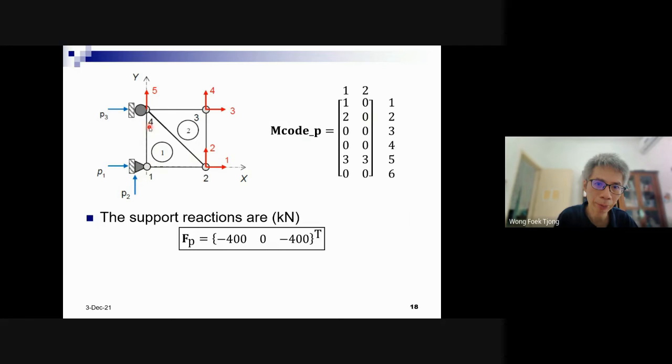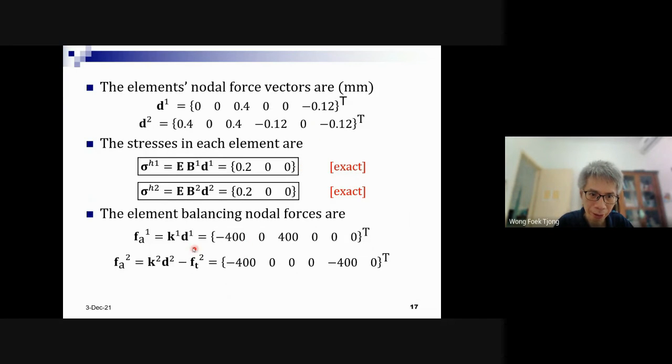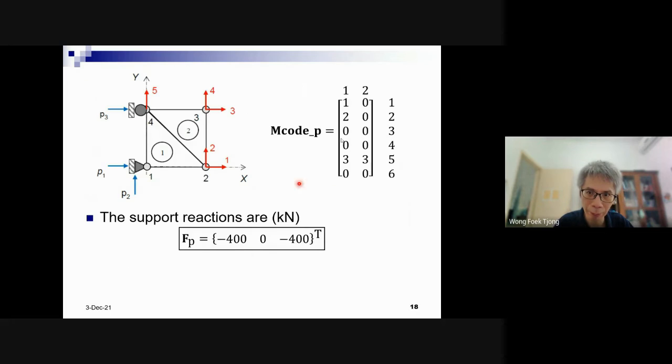For element number 2, I think just this one, 3, 0. Any questions up to this point? This is useful for assembling this one, the applied nodal force, to obtain the support reaction. So assembling using MCOT for inactive degrees of freedom, we obtain the support reaction.